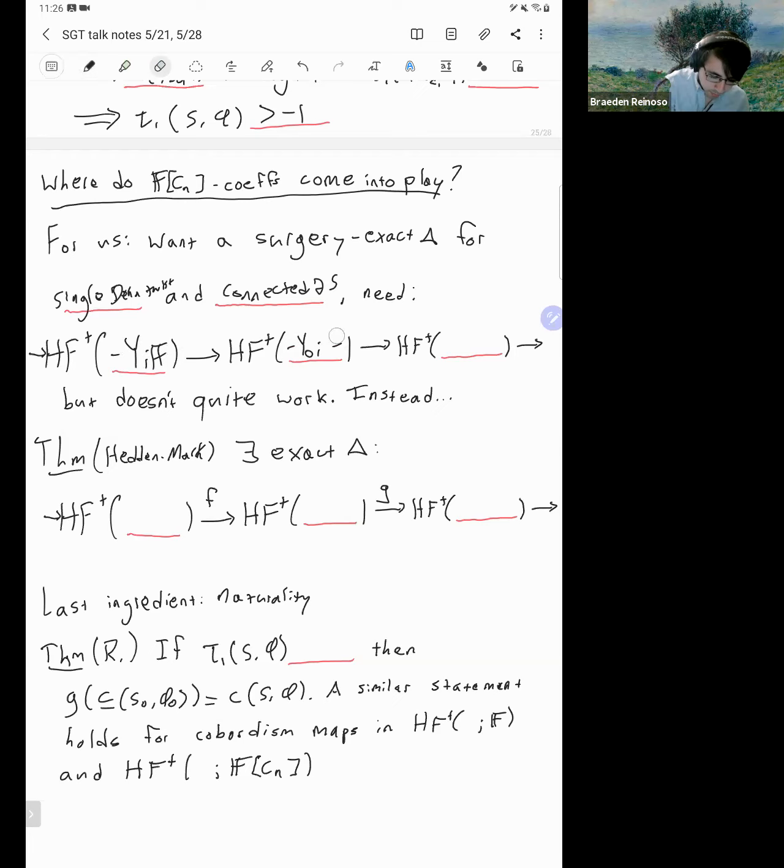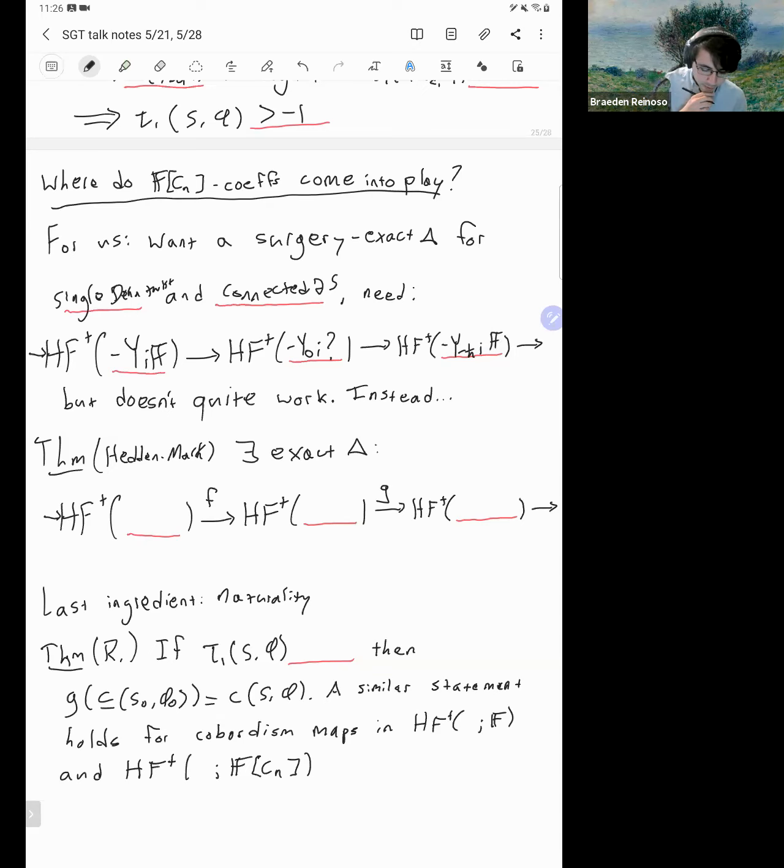So maybe I'll just leave a question mark in there. It's going to turn out to be these Fn coefficients. And on this side, we want just, say, a -1 over n with, again, F coefficients. But like I said, it doesn't quite work with just F coefficients in the middle.